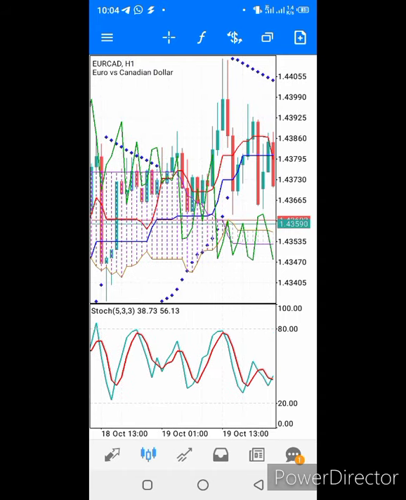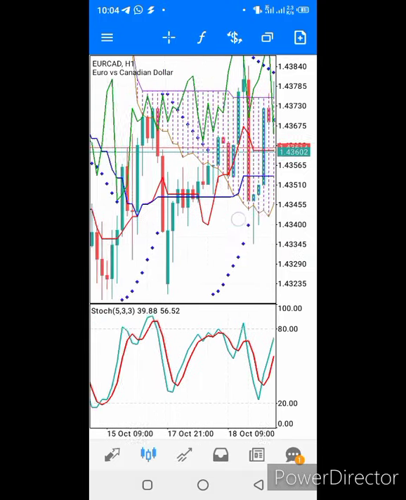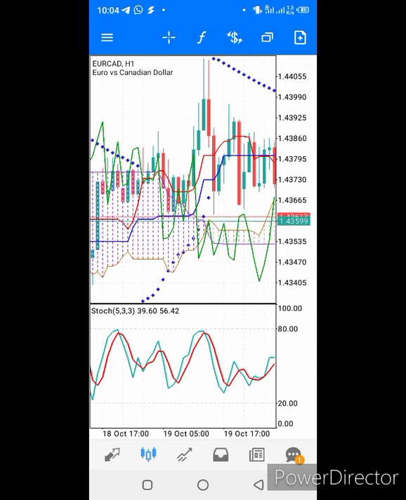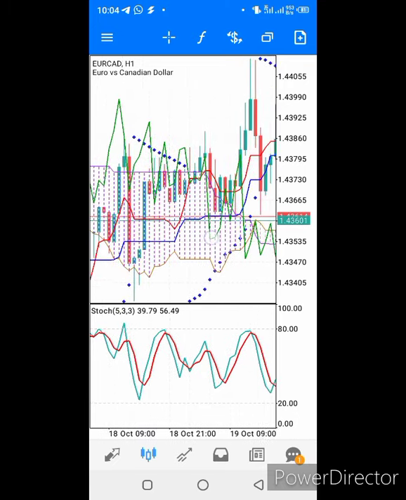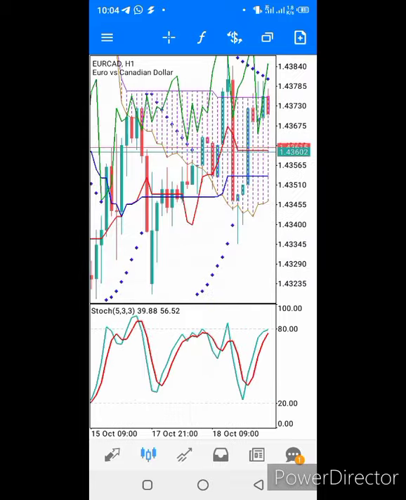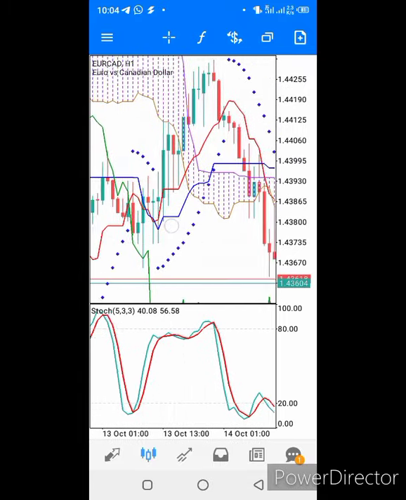Now, how do you make use of the Ichimoku indicator to analyze your chart, whether you need to buy or you need to sell? In the Ichimoku indicator, let's look for where the candlestick chart is above the cloud.